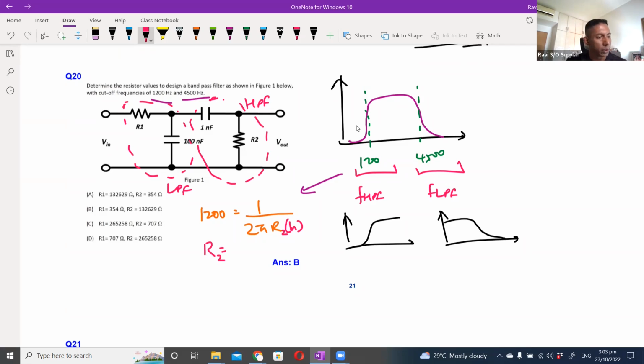R2 is going to be 132.6K. Similarly over here, 4500 is equal to 1 over 2 pi R1 and 100 nano. So your R1 is going to be 354 ohm.